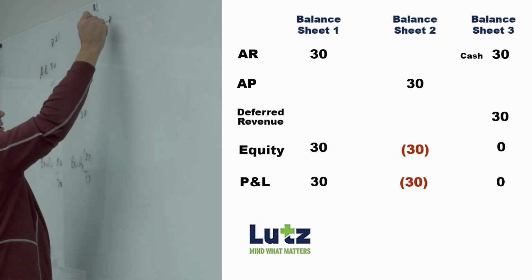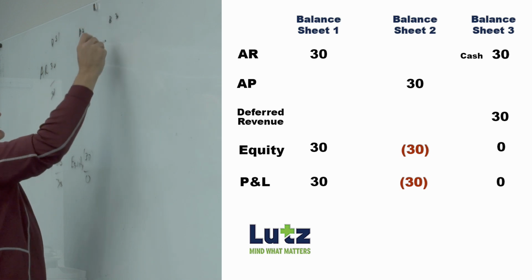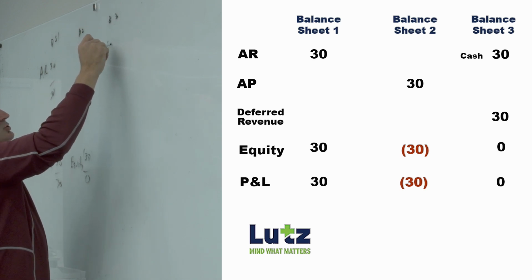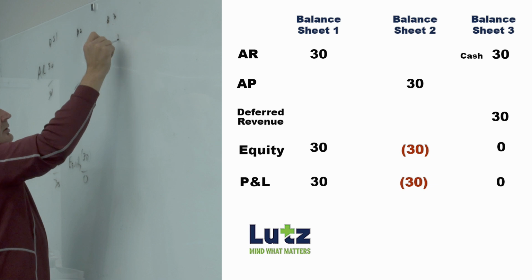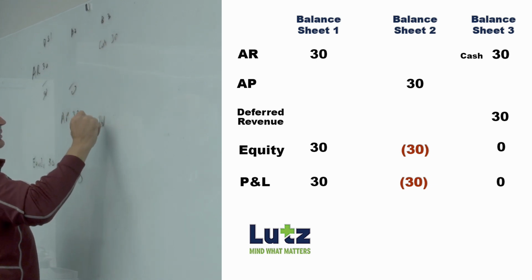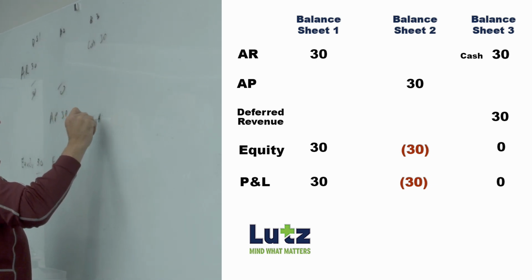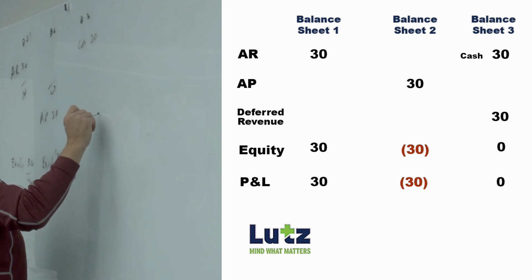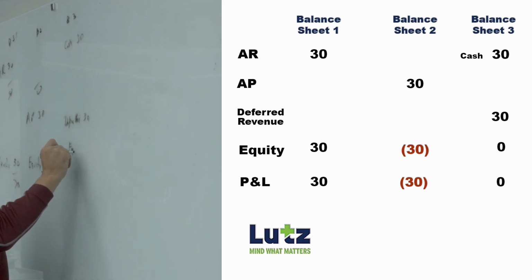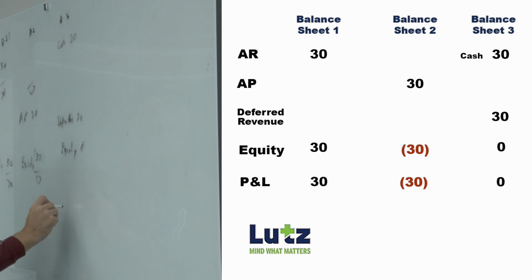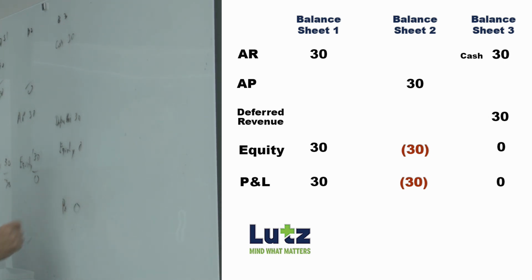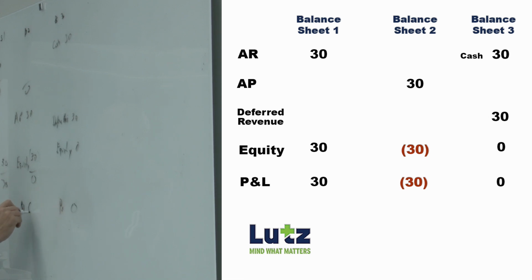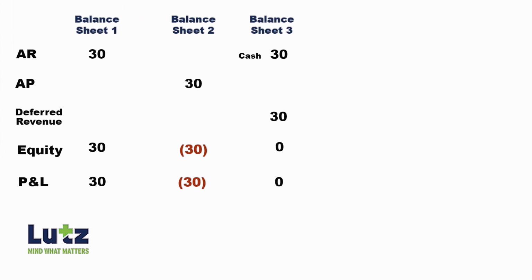Balance sheet 3, cash 30, deferred revenue 30, equity 0. P&L 0, P&L negative 30, P&L 30.